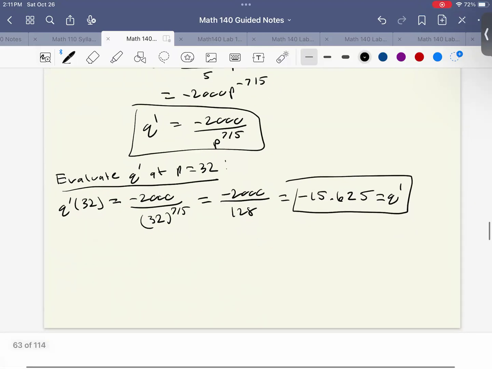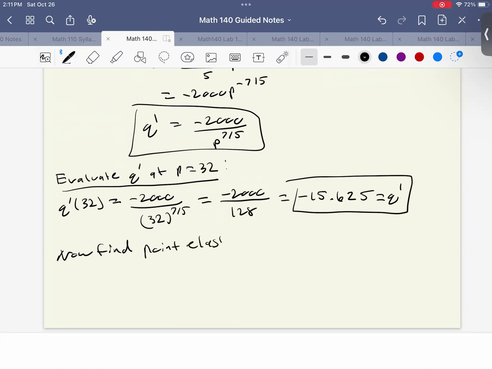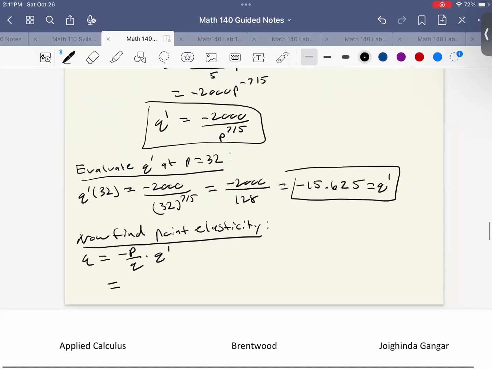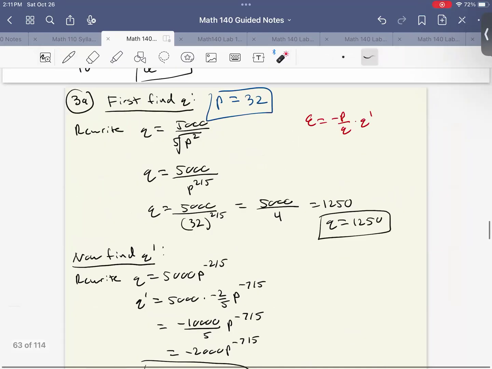So last part here, now find point elasticity, right? Remember, it's epsilon equals negative P over Q times Q prime. So this equals P. P is 32.